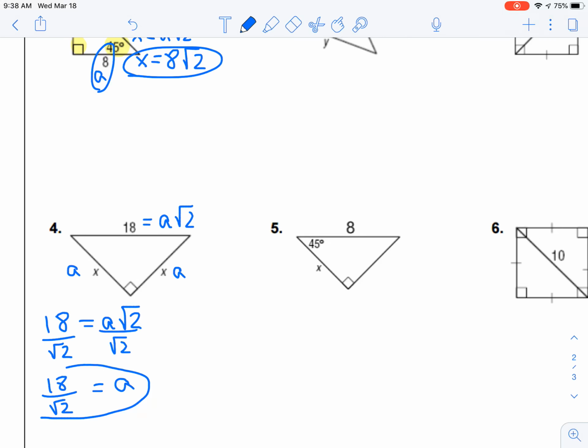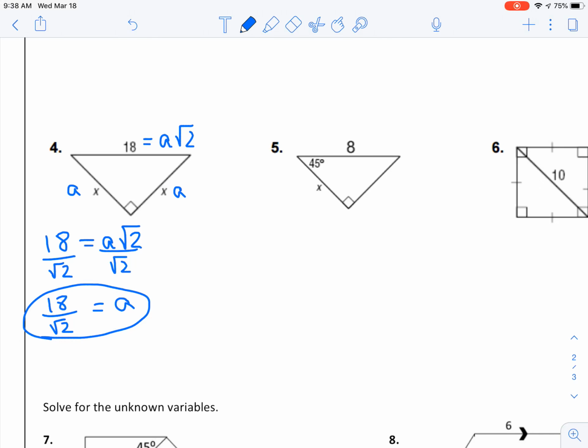This is an absolutely correct answer, but what you've done in the past is rationalized this fraction, which just means I don't want a radical in the denominator. So in order to rationalize this, you're going to take the 18 over rad 2 and multiply, hopefully you remember this from Algebra 1, if not, you guys let me know.